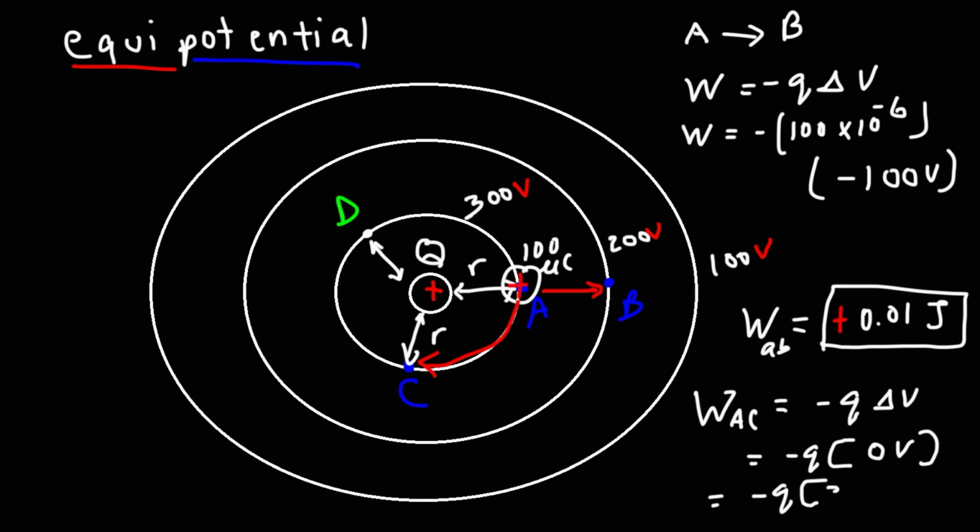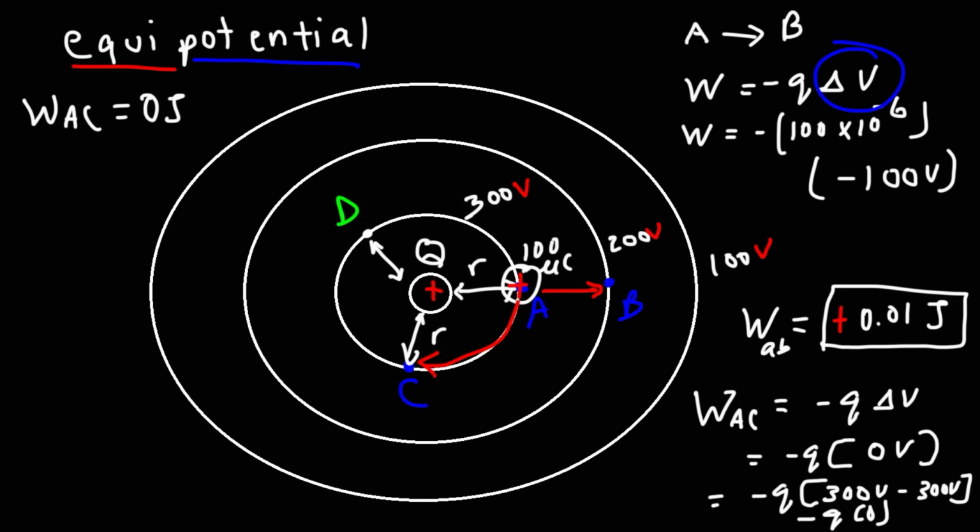Because at point C, the potential is 300, and at point A, the potential is also 300. So the change in potential is 0, therefore the work going from A to C is 0. So make sure you understand this. The work required to move a charge along an equipotential line will always be 0, because the change in potential is 0.